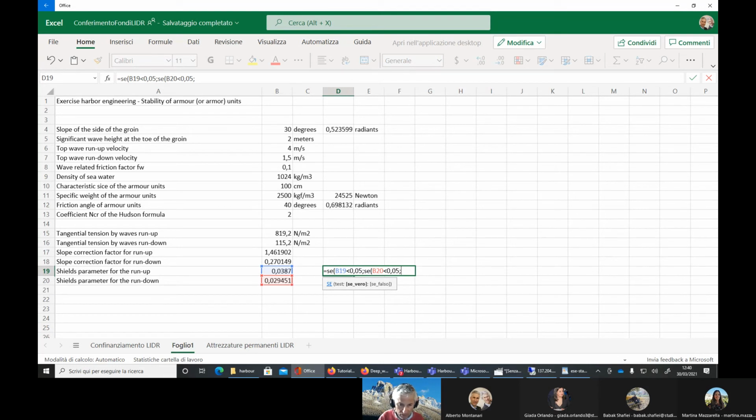And then if both conditions are satisfied, B19 is lower than 0.05 and B20 is lower than 0.05, then I can write stable. Otherwise, it's unstable.